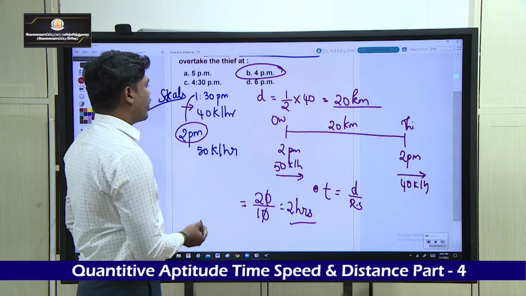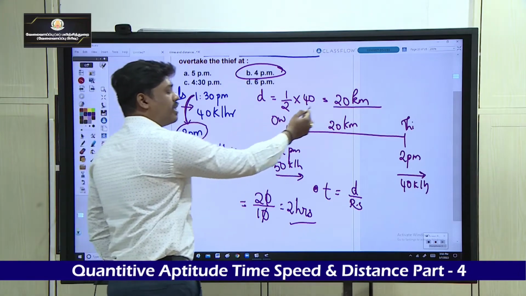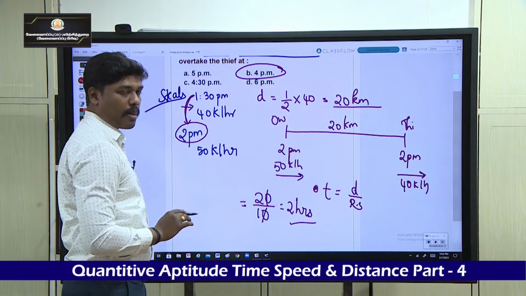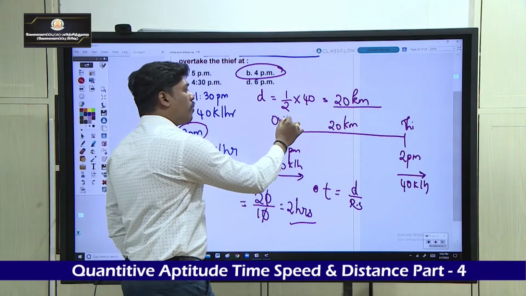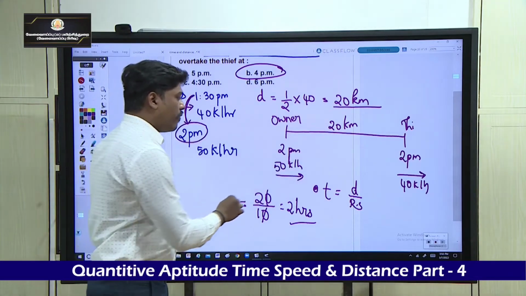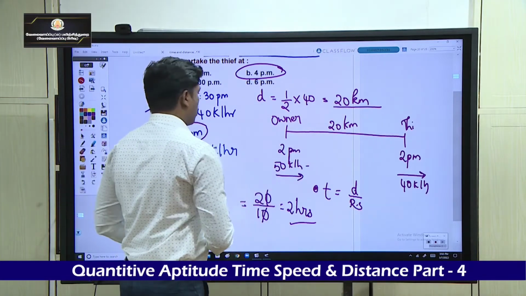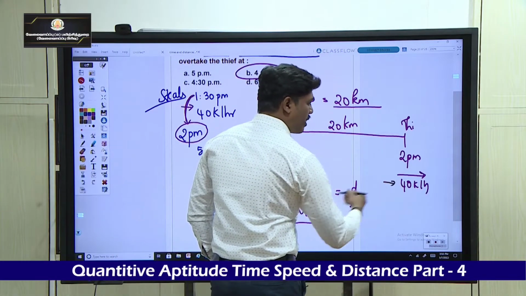Okay. First look at here. For half an hour, first find how much distance he travelled, 20 km. Now, the distance between owner and thief is 20 km. The owner is moving at 50 km per hour speed, the thief at 40 km per hour.